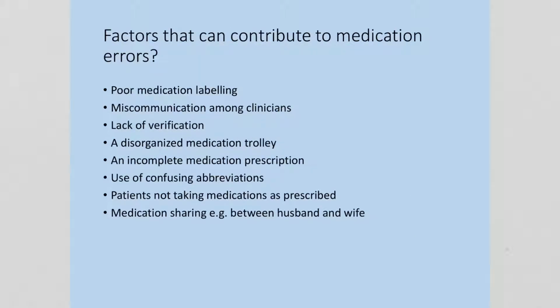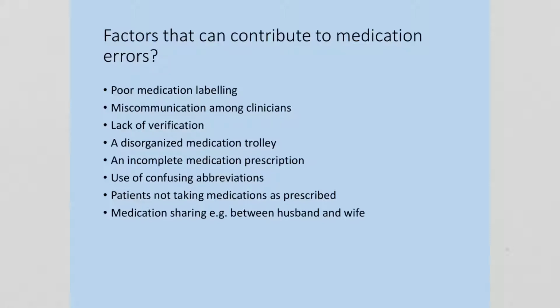Here are some examples of factors that can contribute to medication errors, by no means all. And I draw your attention to the bottom two, in that many of you will be working in community or in people's own homes or closer to home. Patients do not take medications as prescribed. They may not be fully concordant.